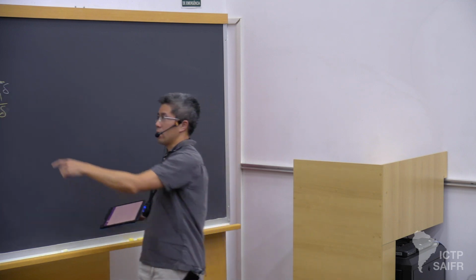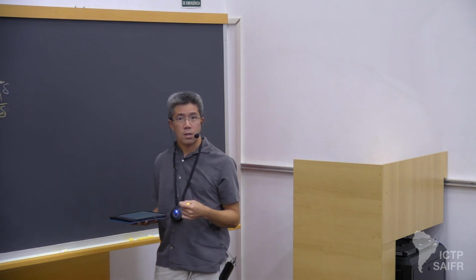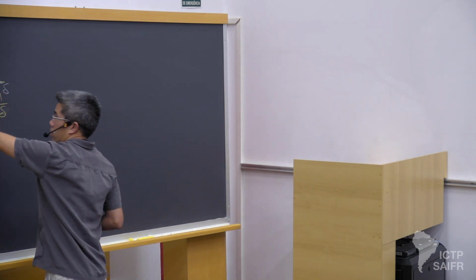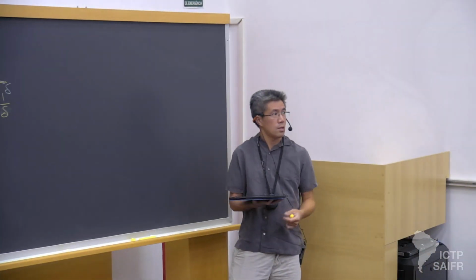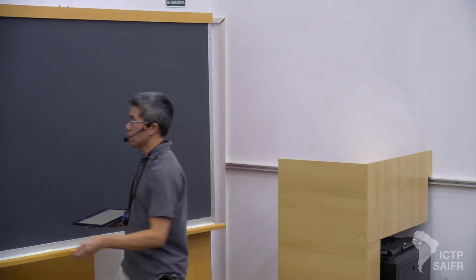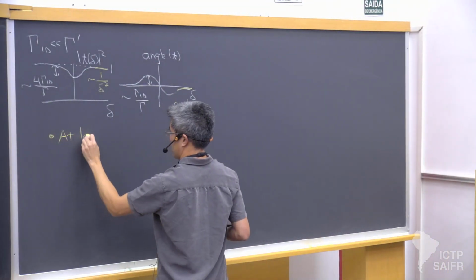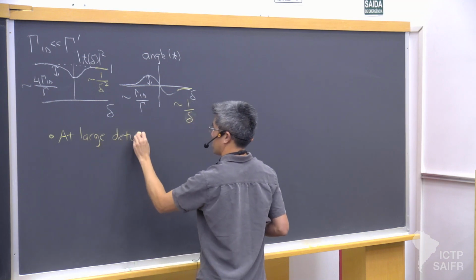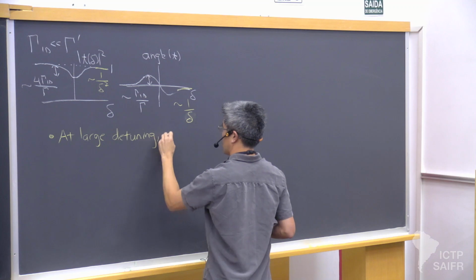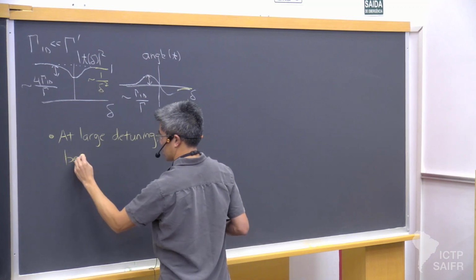The atoms are trapped because they continue to see this phase shift, while the amount of absorption or scattering of light decreases significantly. So the take-home message, which will become important a little bit later, is that at large detuning, the atom mostly becomes dispersive.